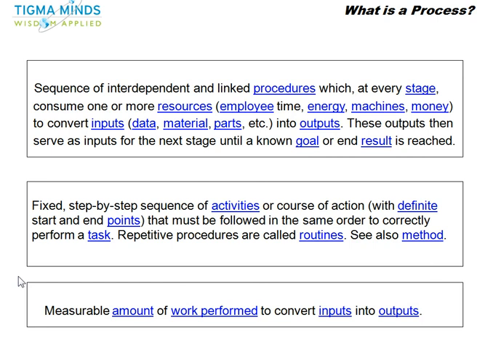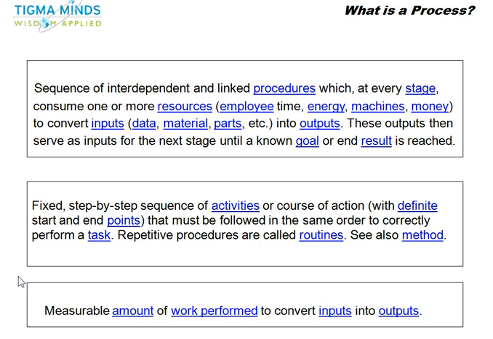The first box that you see, that's a definition of a process from businessdictionary.com. And then, since it refers to procedures, it has the definition of a procedure in the next box, and then the definition of a procedure refers to activities, and that is explained or defined in the third box here.